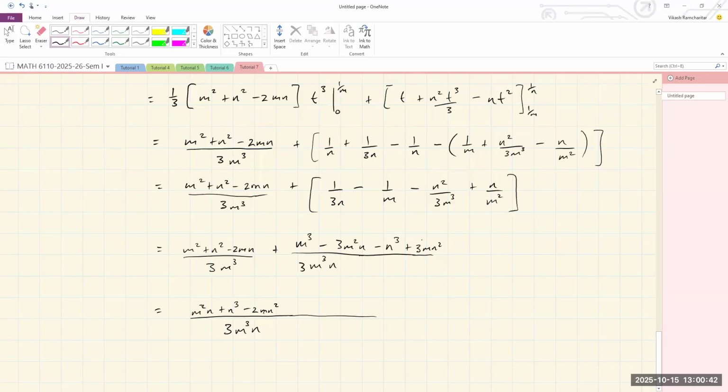Anything simplifies here? No. Plus m cubed minus 3m squared n minus n cubed plus 3mn squared.